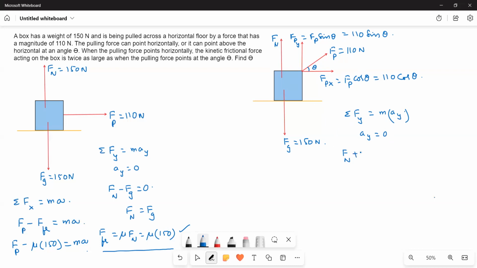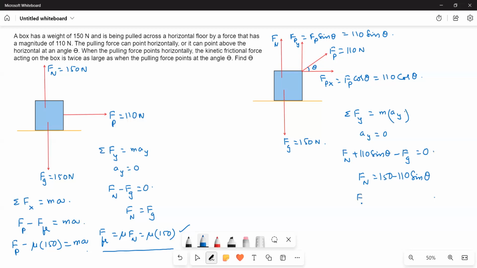So plus 110 sin theta. What are the downward forces? Fg. Fn plus 110 sin theta minus Fg is equal to 0. Therefore, Fn is equal to Fg minus 110 sin theta. We know Fg is equal to 150, so 150 minus 110 sin theta.